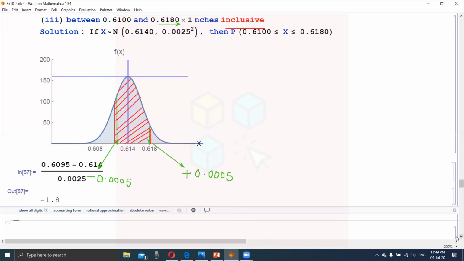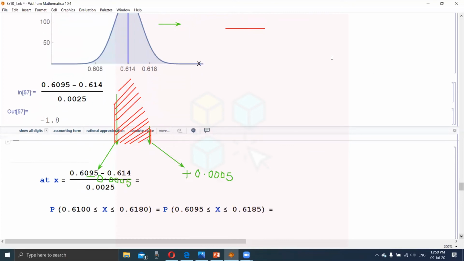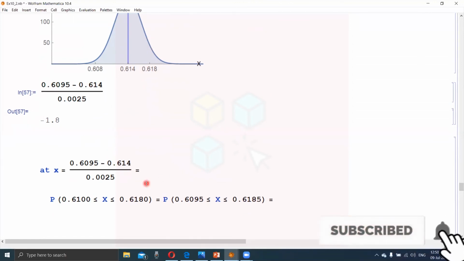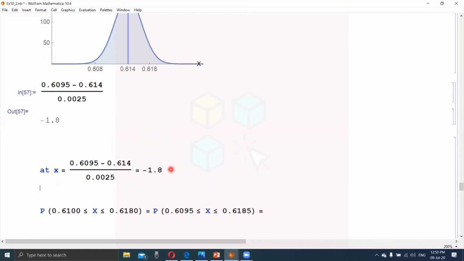So we will write it here: at x equal to 0.6095, after clearing the drawings, we will have this as minus 1.8. So this is the value of z, and this formula is of z.